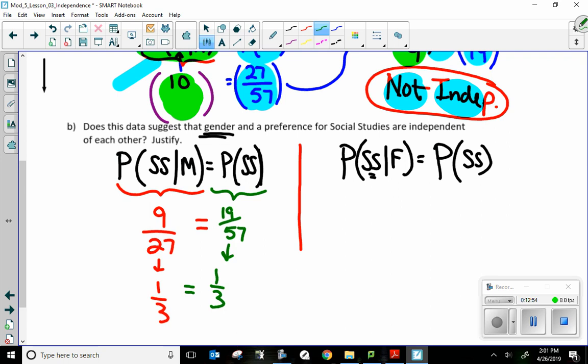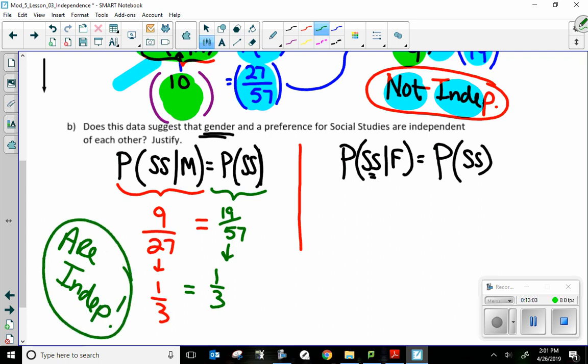They are equal, so they are independent.